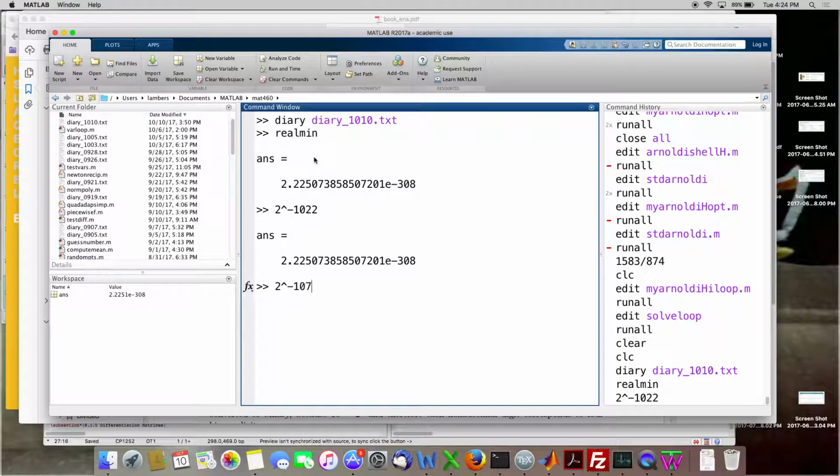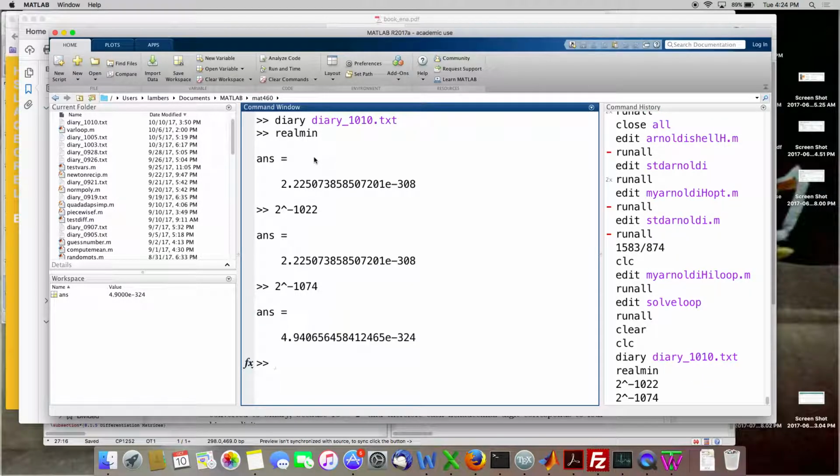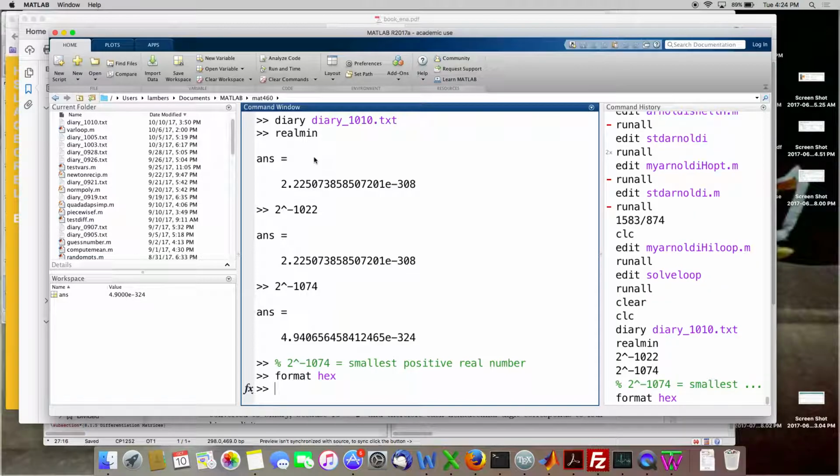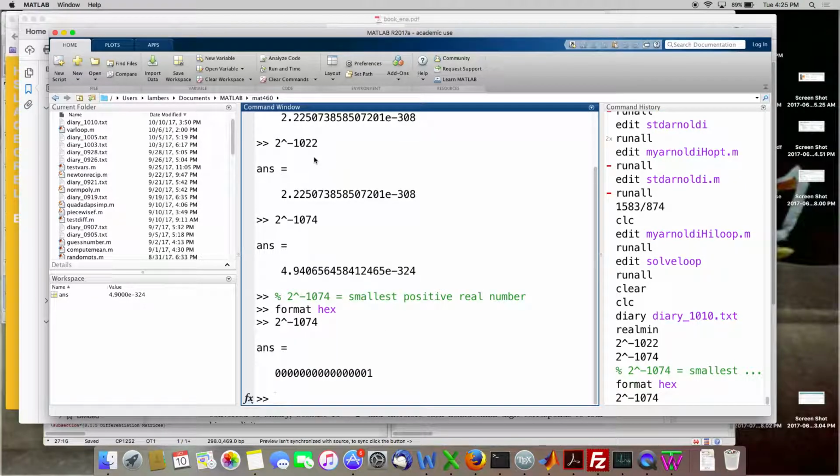That's not the actual smallest positive real number. That is. So 2 to the minus 1074 is the smallest positive real number. Now, let's look at that again in format hex. Okay, so that's what we have going on here.